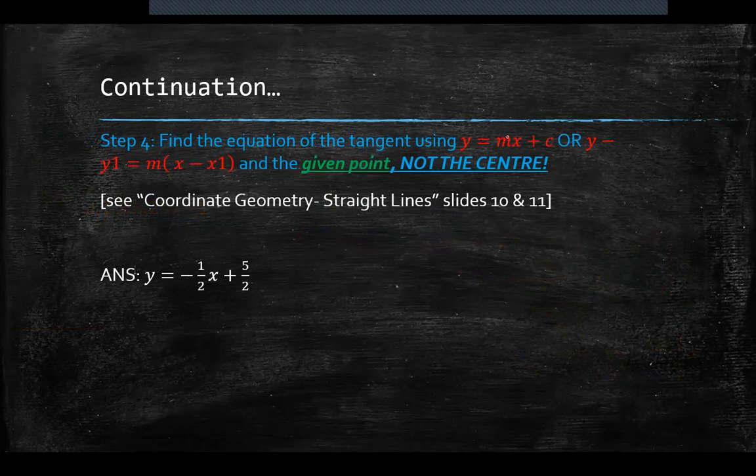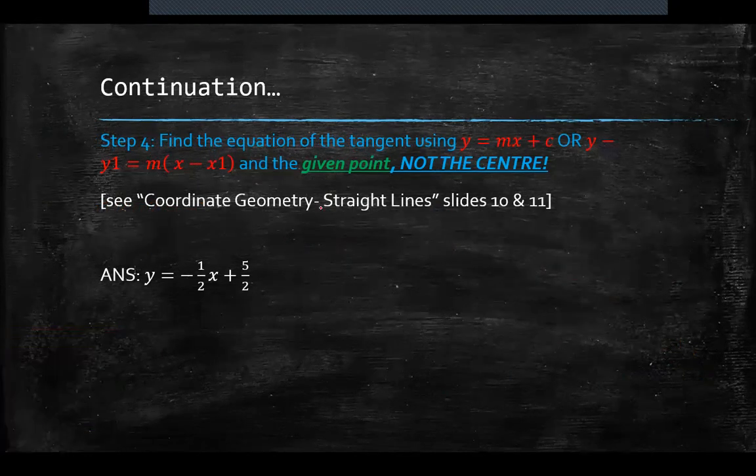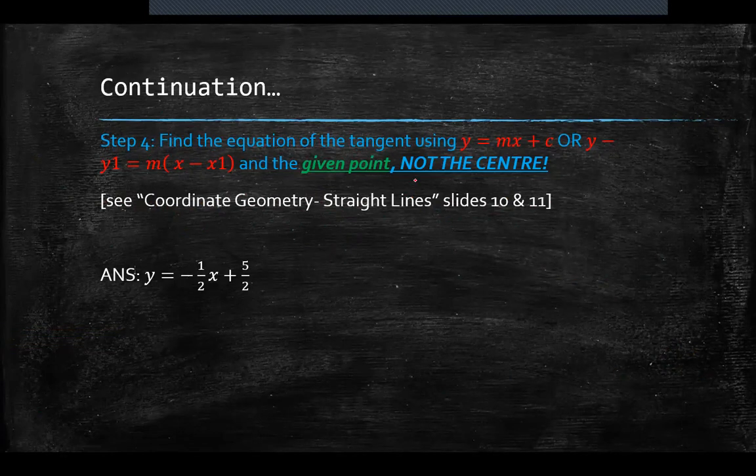The fourth and final step. We did this already for straight lines, in coordinate geometry, straight lines. Just in case you need a refresher or you never did this before, it's fine. We know the 2 methods to find the equation of any line.